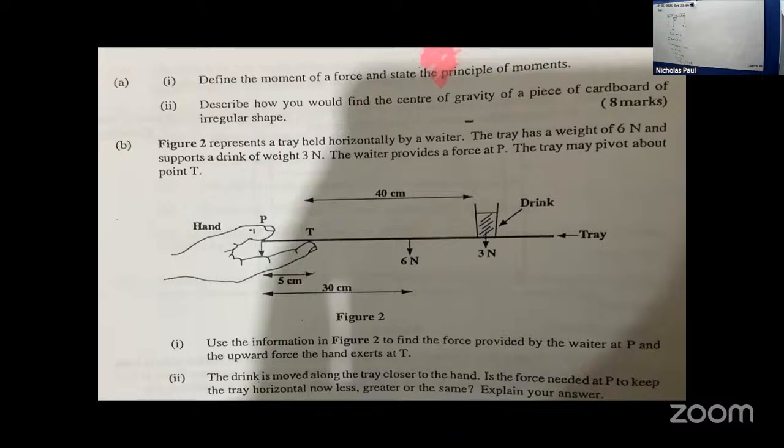Where would you take the pivot? At T. Right? Take the pivot at T. And then move out. So P is a downward force, T is upward.